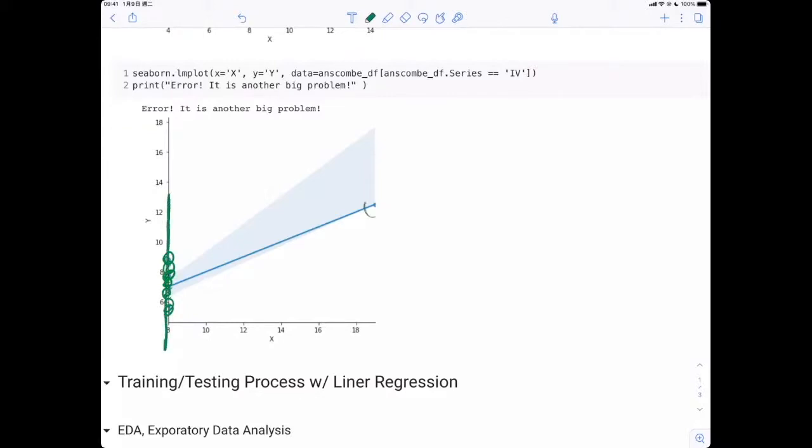However, here's an outlier. This outlier will dramatically affect your model generation. That will be a big problem. So after you delete this outlier, your model will be much better.